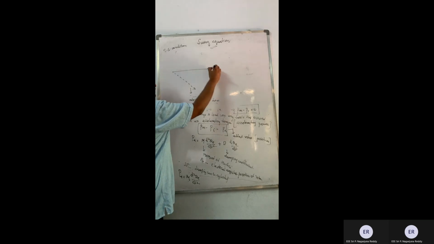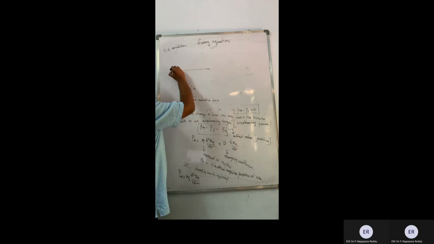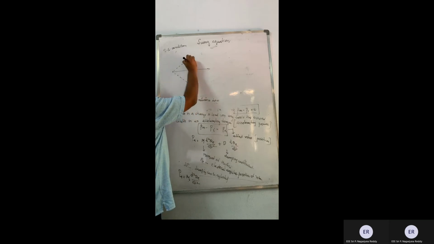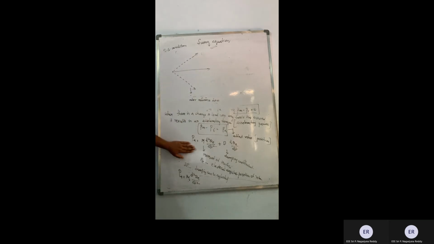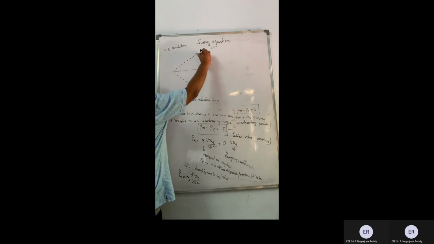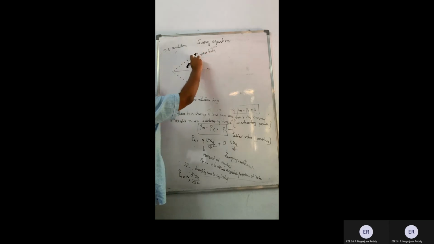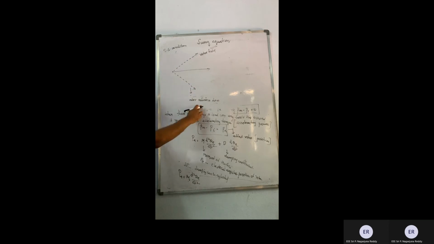Normally, if there is any accelerating force, the rotor field will be leaving this rotor reference axis and moving in space with the speed of omega s.